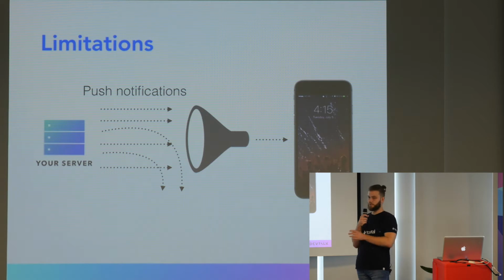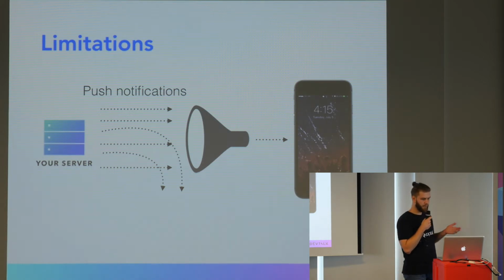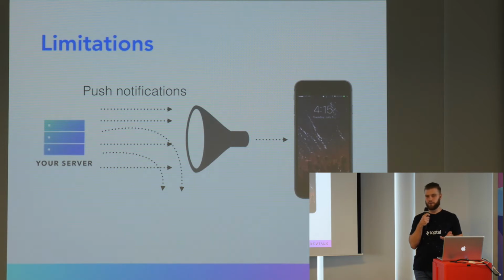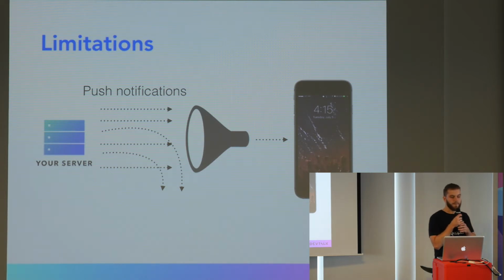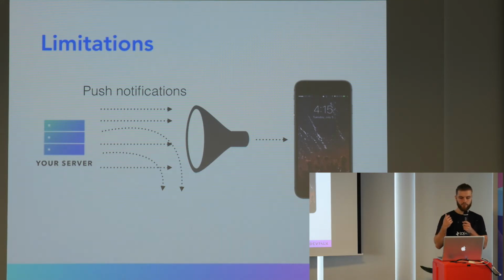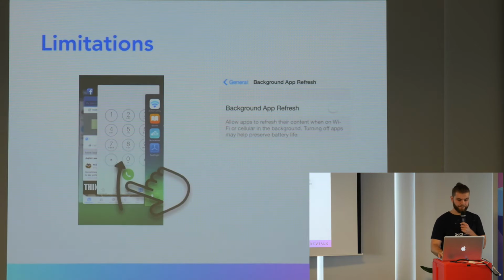Besides losing your ability to sync in the background, your users won't receive usual push notifications. If we talk about, for example, WhatsApp, the user won't see any information about new messages, and that's totally bad. So if you're going to bomb your devices with push notifications, be careful about this. You can lose your ability to deliver notifications.